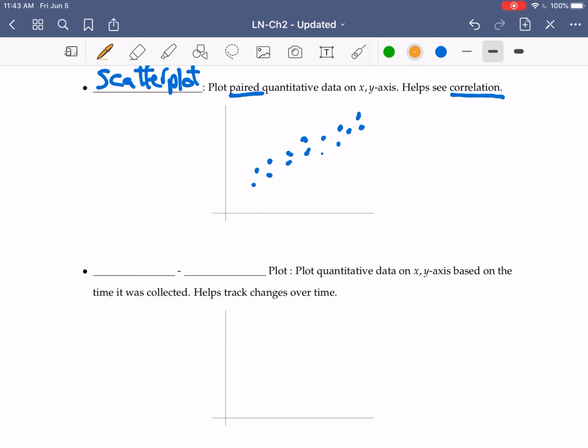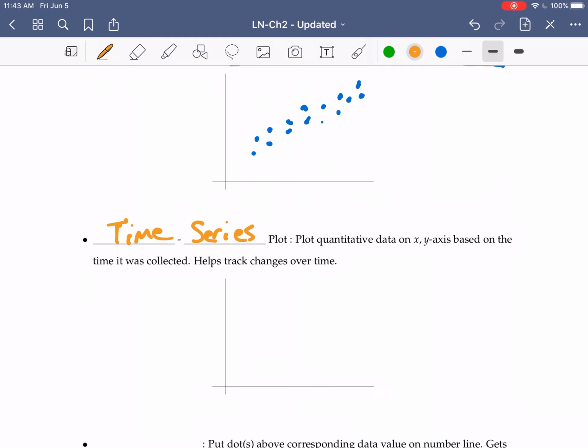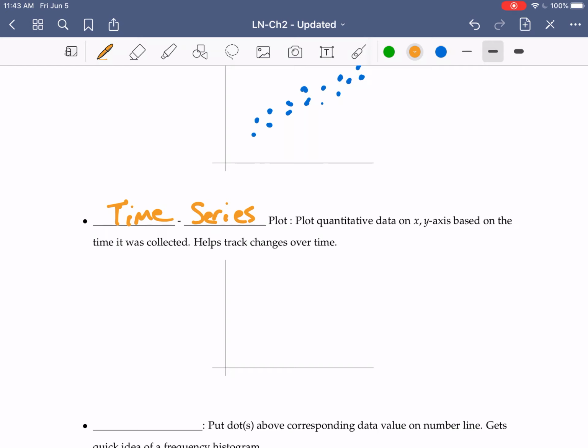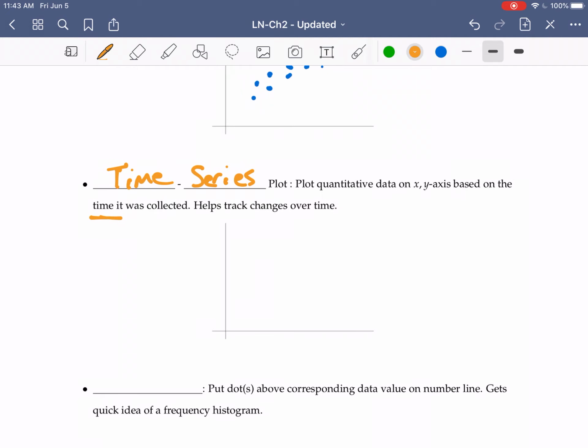We could also have a time series plot. For a time series plot, you plot quantitative data on an XY axis based on the time that it was collected. Right? So down here on the x-axis, you have the time, and then on the y-axis, you would have the value.